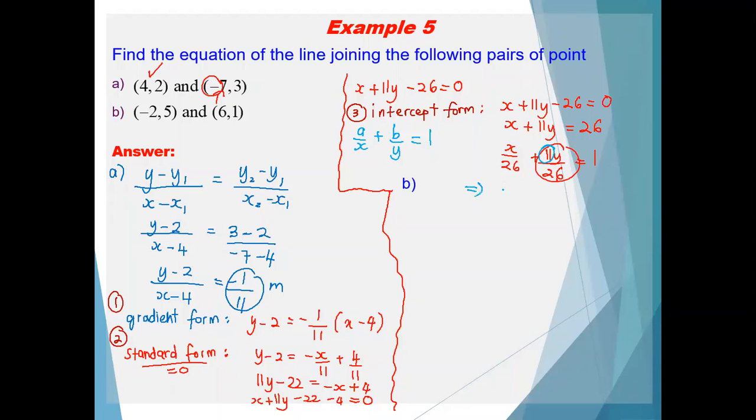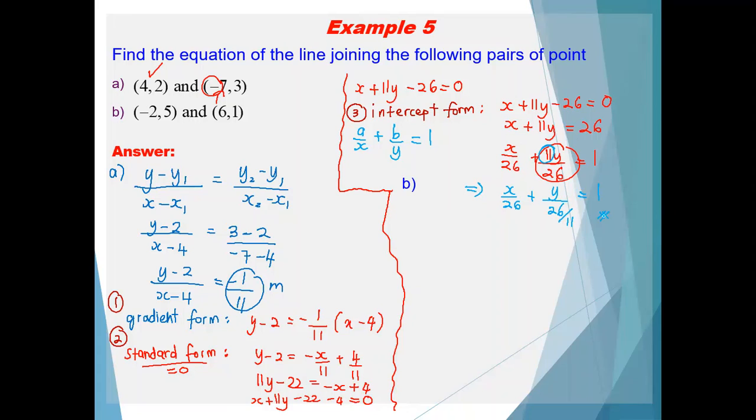So now we have x over 26 plus, okay, macam mana nak buat? So dia akan jadi y over 26, okay, divide lagi dengan 11 equal to 1. So that is intercept form.